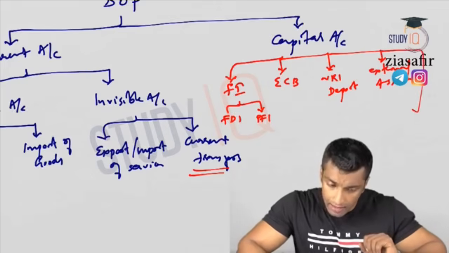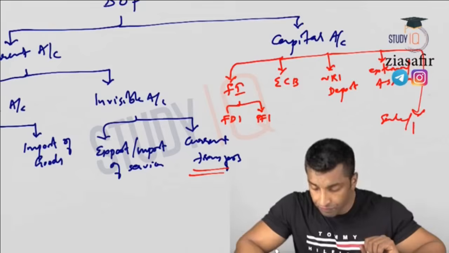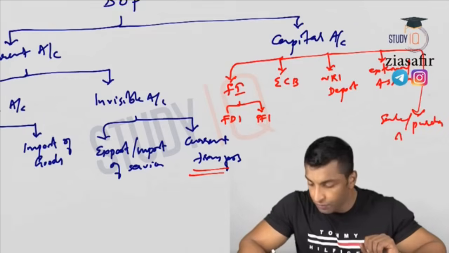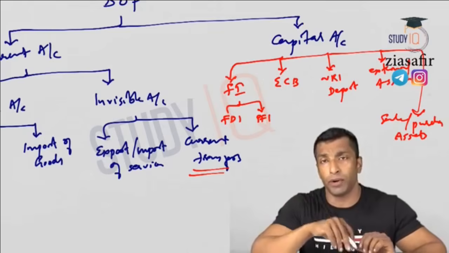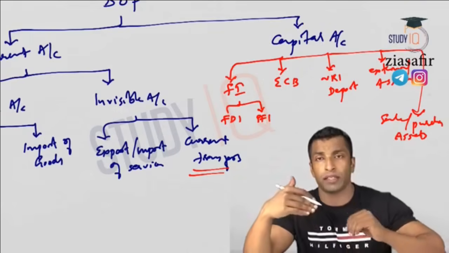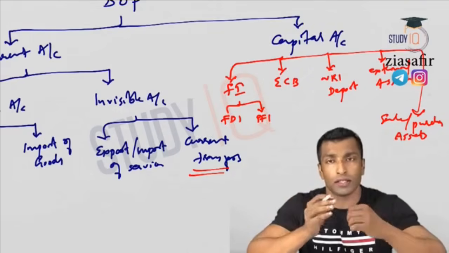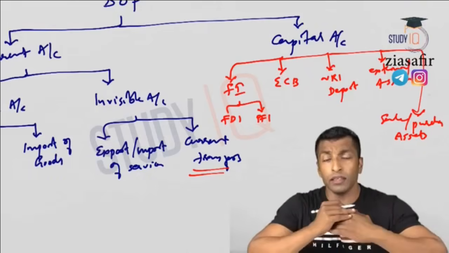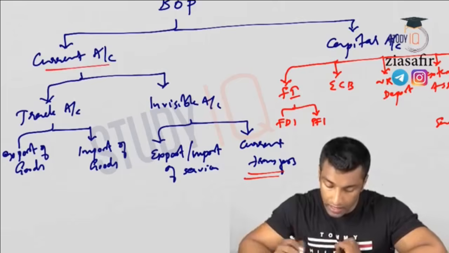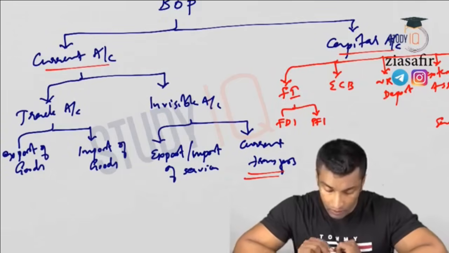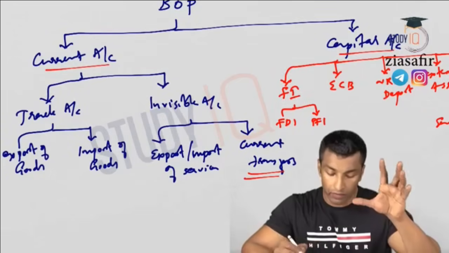Okay, and then one more component is sale or purchase of assets. So if an Indian is buying an asset abroad, or if some Indian is selling assets abroad, all these things will actually be added to the balance of payment. So these are your two accounts, current account, and then we have capital account. So current account, trade account, and invisible account.